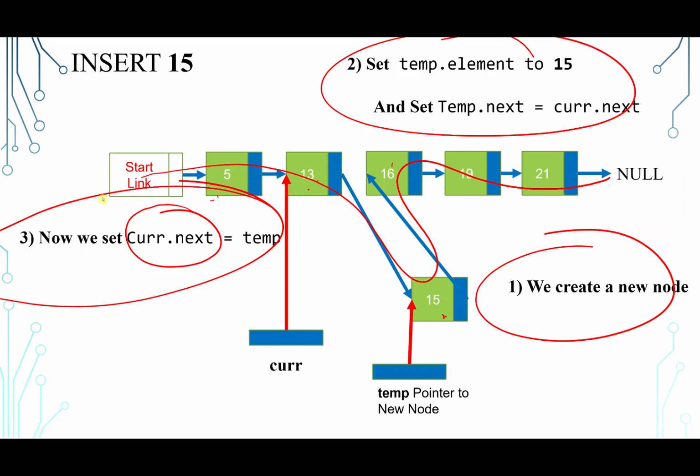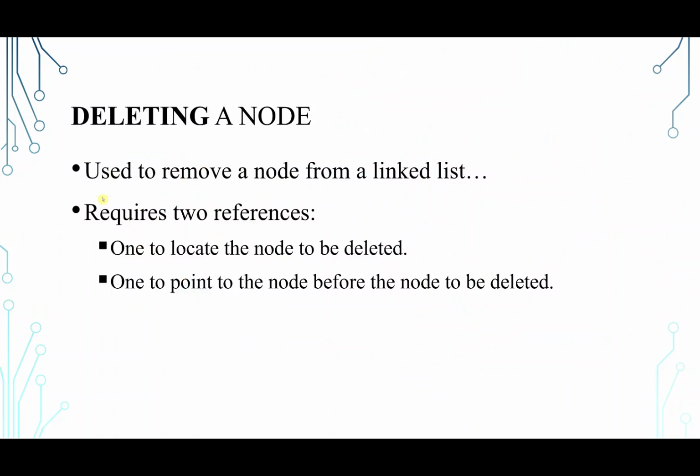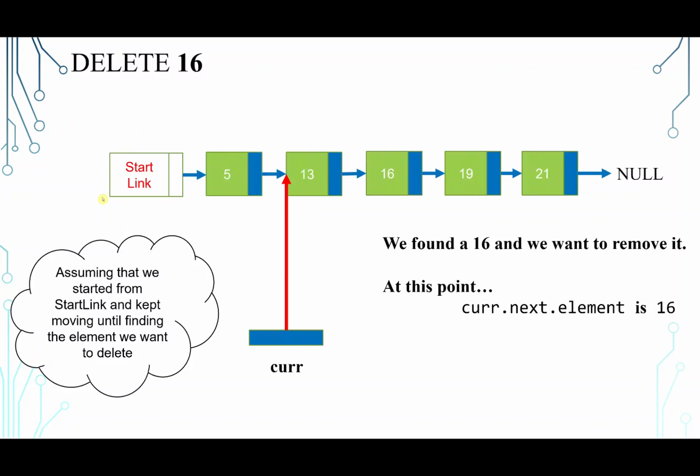So deleting a node is used to remove a node from a linked list and requires again two references, one to locate the node to be deleted and one to point to the node before the node to be deleted. And again, thankfully we have current. So deleting 16, we are looking at 16.